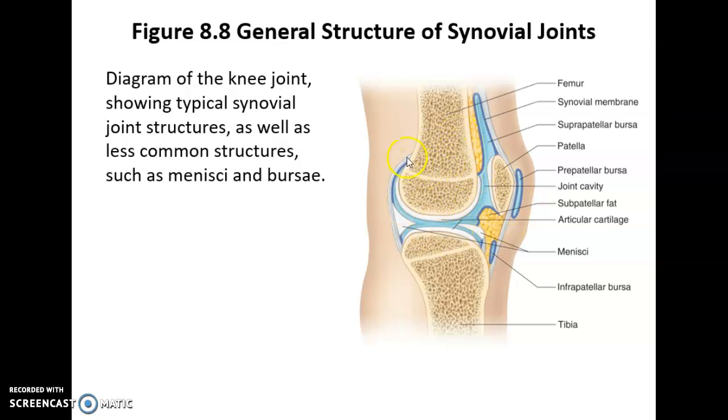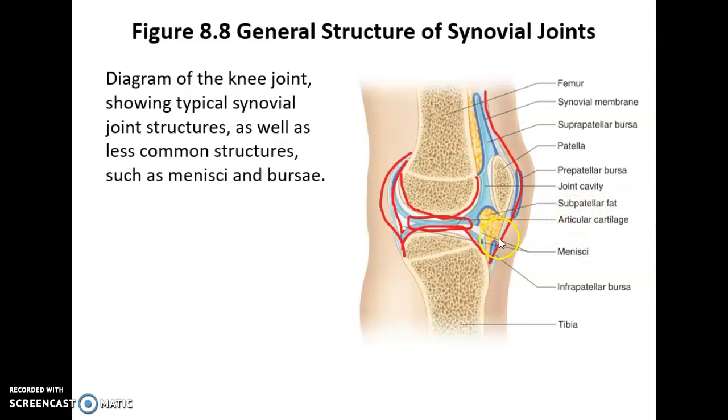Again we have the capsule, and then the inner lining, which is the membrane. We have the cavity filled with fluid, which is the synovial fluid. And we have the hyaline cartilage covering the bones, which is the articular cartilage or articular surface.